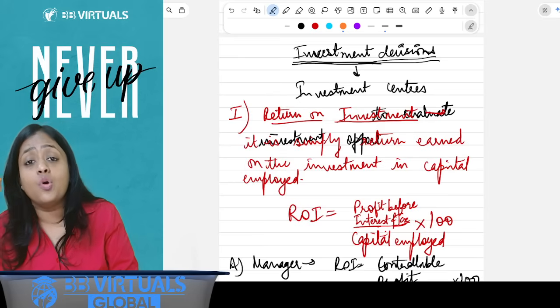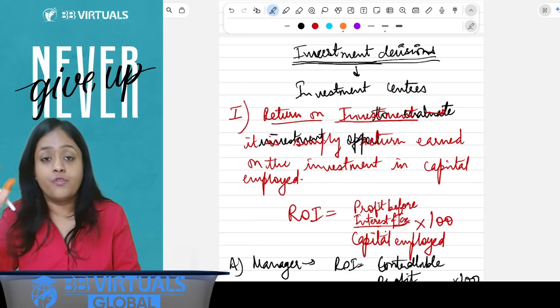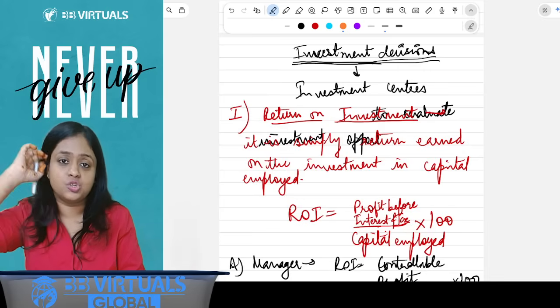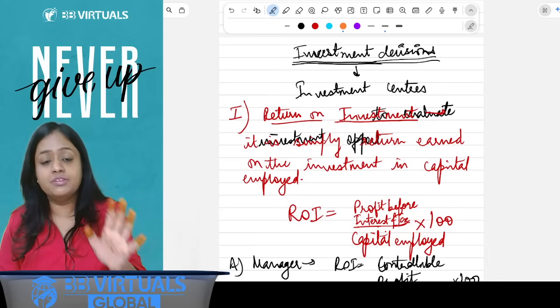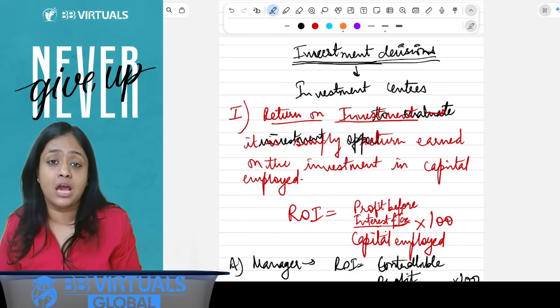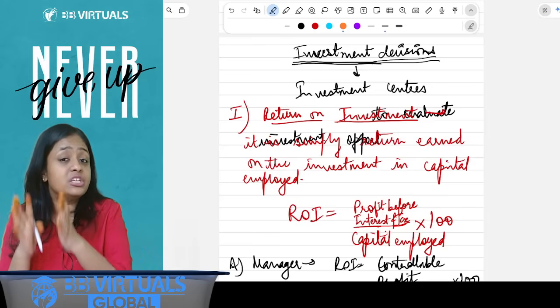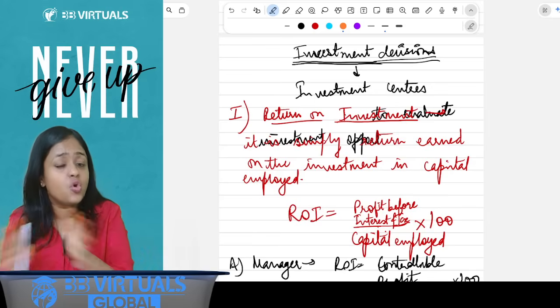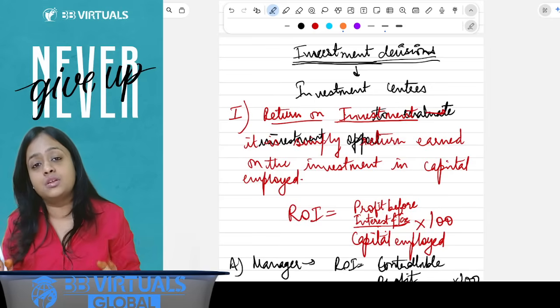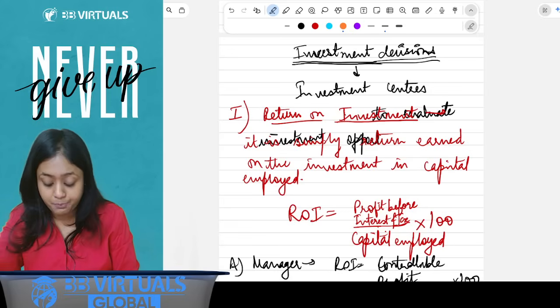Even if the overall organization's ROI is only 10%, from that perspective it's a very good decision to go with that investment, right? But the divisional manager will say, boss, I will not go for it because it is reducing my divisional ROI. My performance evaluation will go negative. So even if it is costing the company, there is no goal congruence. But for the short term, they look to maximize their profits and returns, so their performance is improved.